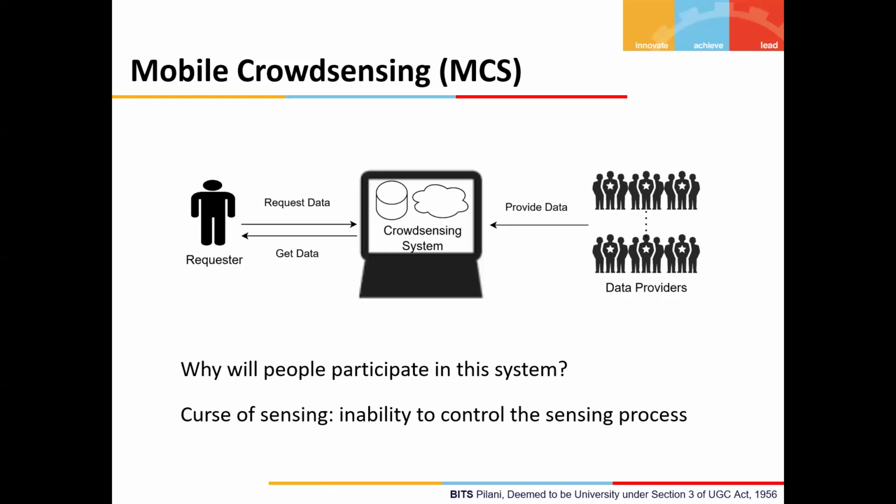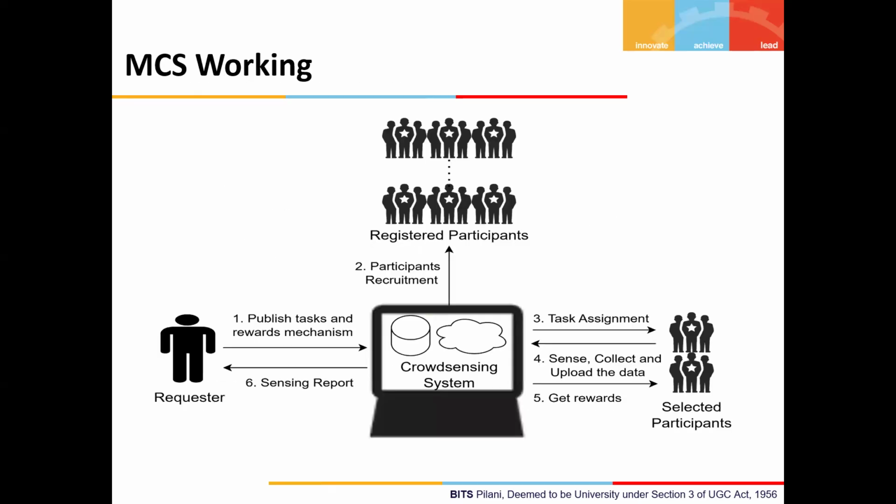So we incorporate that in this mobile crowdsensing system. First, the requester will publish the sensing task and the reward mechanism over the crowdsensing system, right? Now, these people are registered over the crowdsensing system, and they are here to help collect data.